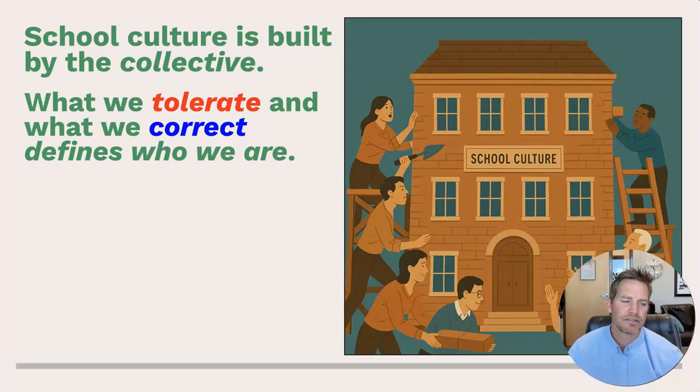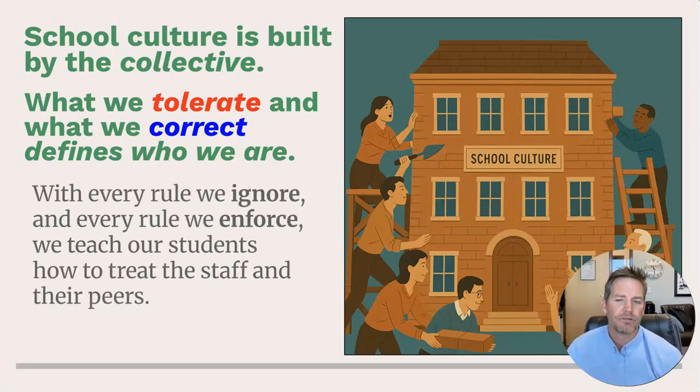These are the things that end up defining who we are. Every rule that we ignore and every rule we enforce, we are teaching these young students how to treat each other and how to treat us as staff and faculty. And so it's really important that there's some consistency across the board.